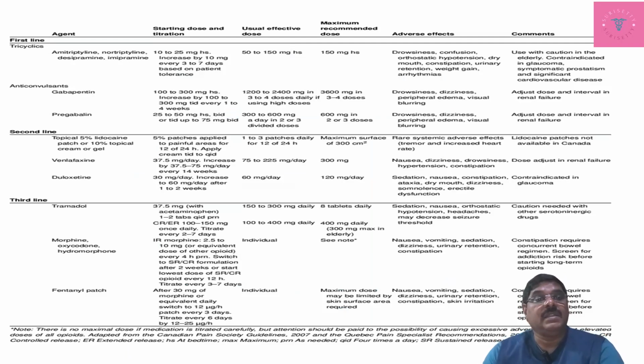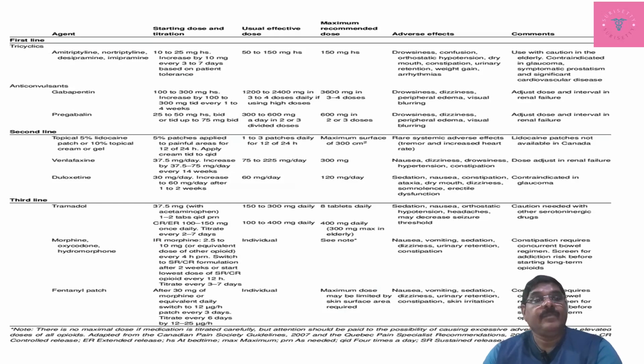Other drugs are gabapentin and pregabalin. Second line: 5% lidocaine, venlafaxine, duloxetine. Third line drugs are tramadol, morphine, and fentanyl patch. So these are all the different doses; you can refer to any textbook. We should always be careful about the adverse effects of these drugs.